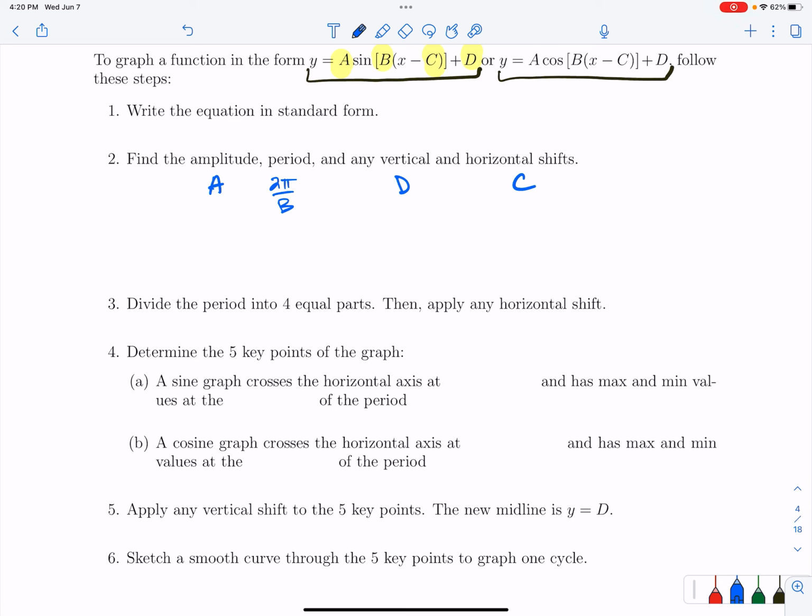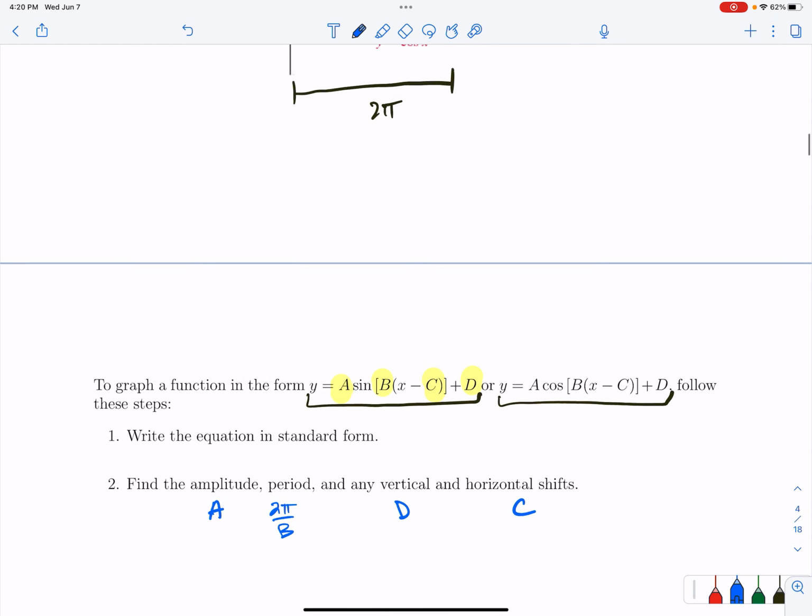The third step is to divide the period into 4 equal parts, and then we apply any horizontal shifts. We'll see that as an example. Step 4, determine the 5 key points. For a sine graph, it crosses the horizontal axis, this is what we saw up here.